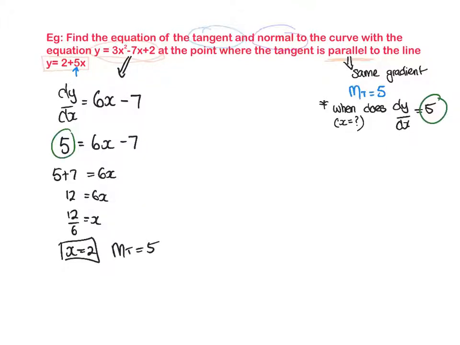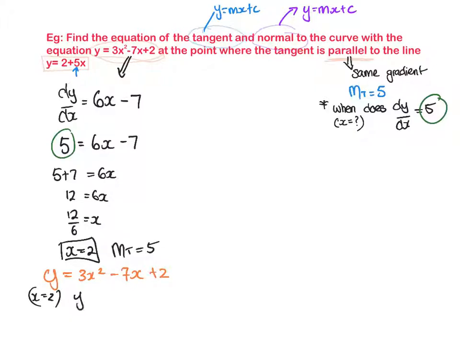So how will I get the y value for the point? Because we know the gradient of the tangent, but these are straight lines, aren't they? So we need a point. So I'm going to have to get the y value. So into our original equation, this one, I'm going to put x equals 2 to find out what y would be.